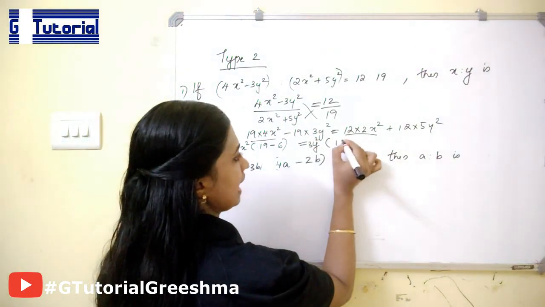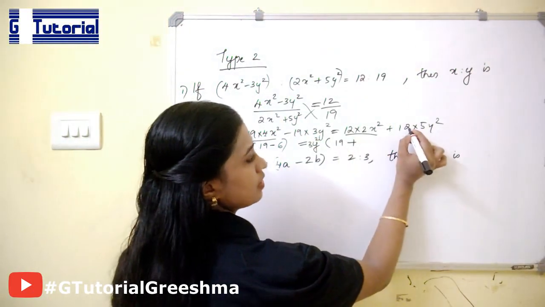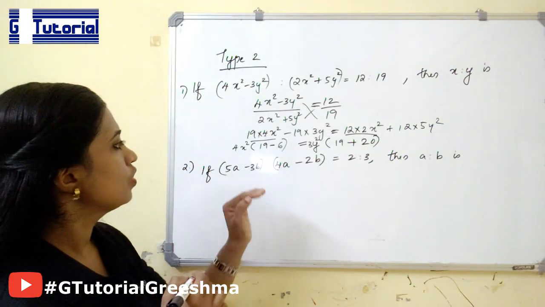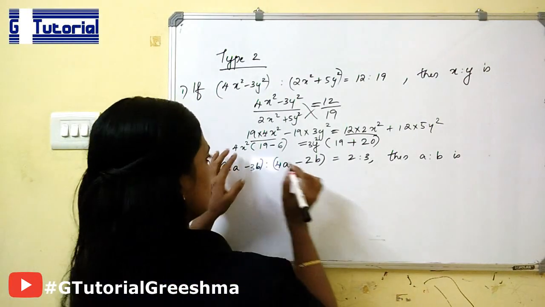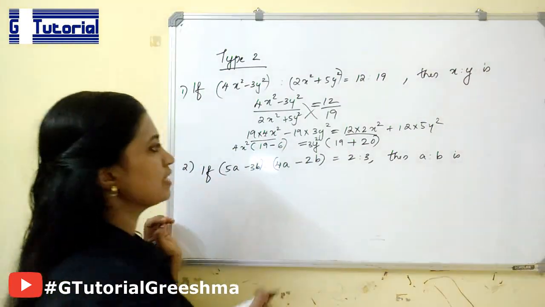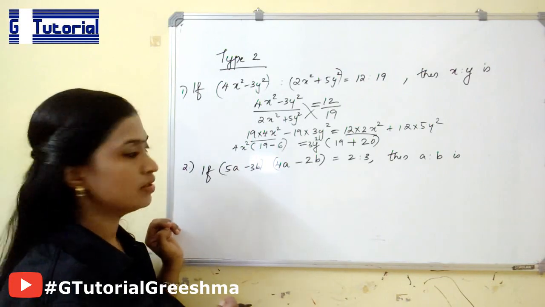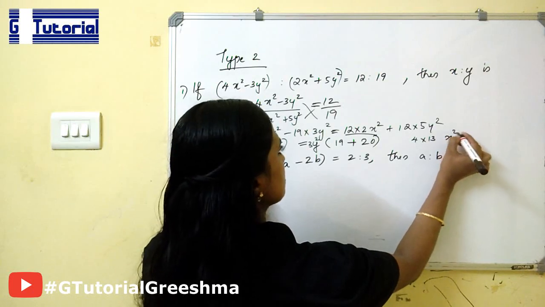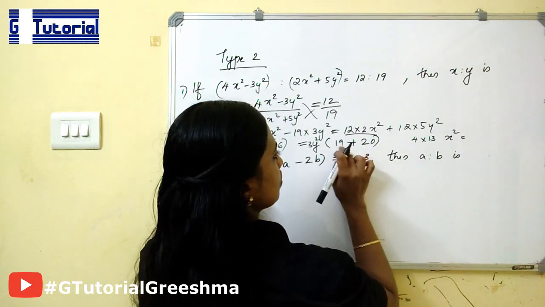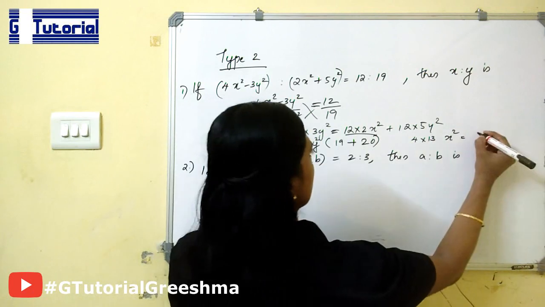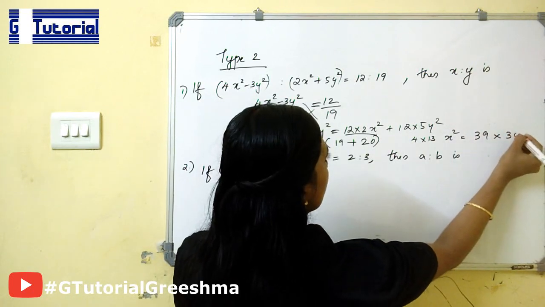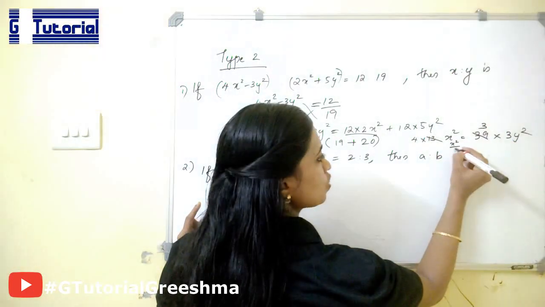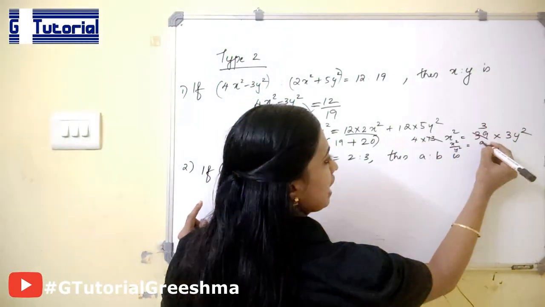The remaining is 90 plus 20 and 4 into 30x square is equal to 110 into 3y square. So x square by y square is 9 by 4.